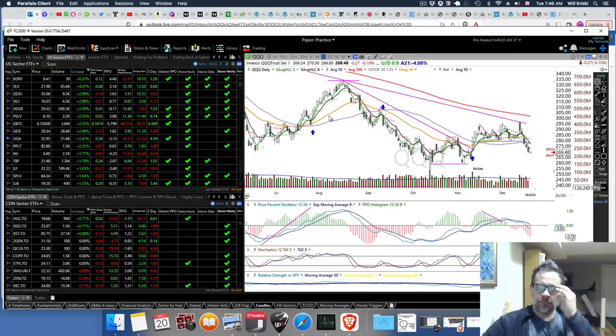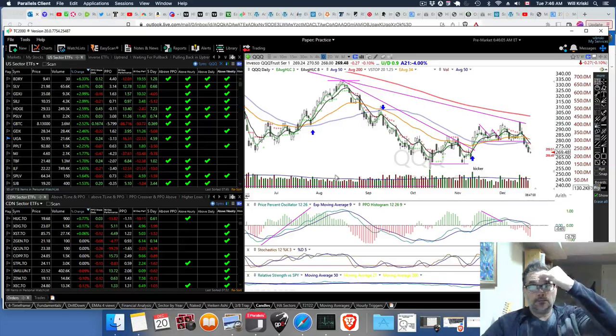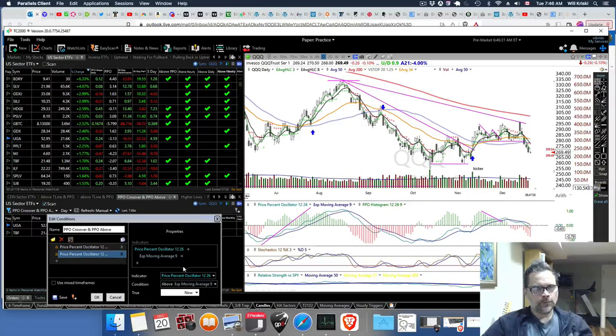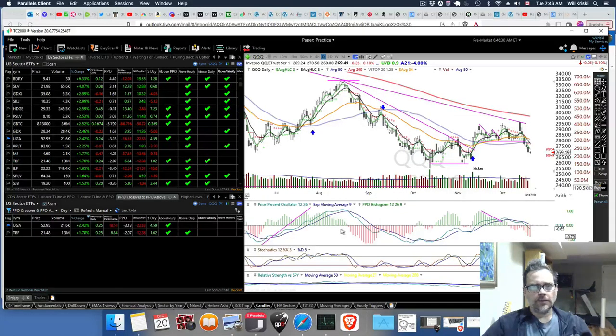So I've got a variety of scans, but the general gist of what I'm looking for is initially a crossover of the MACD, price percent oscillator. A price percent oscillator should be above the, I'll show you the scan here, crossing up over the moving average. I don't know if I need that, but it's above the moving average.